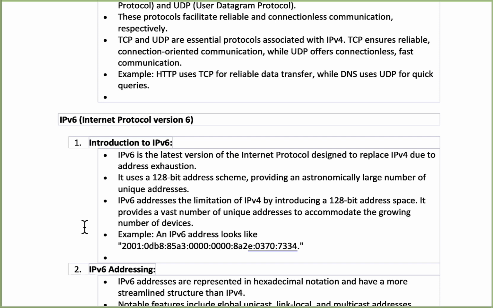Now, IPv6, like I said, is the latest version. It's designed to replace IPv4, and it uses a 128-bit address scheme, which provides a much higher number of addresses that can be utilized. Because it is so large, it is extremely challenging for individuals to put in an IP address. In the past, I can remember 192.168.1.1, I can do that.